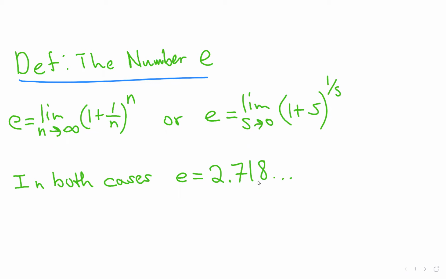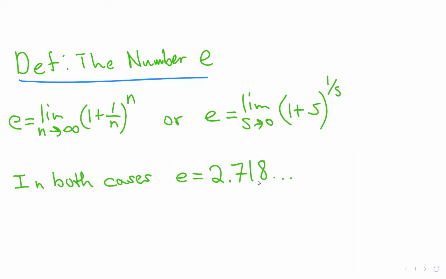digits that it continues on with, but you don't need to worry about too much more than just this amount that you see right here, mainly because if you try to do any calculations, that's about as many significant figures as you'll need. And so this is how we define e.